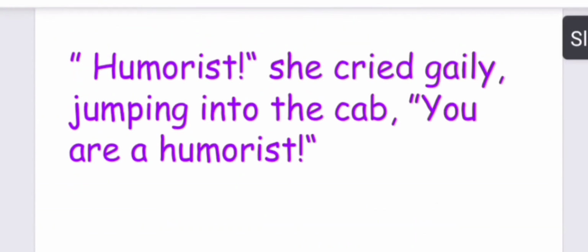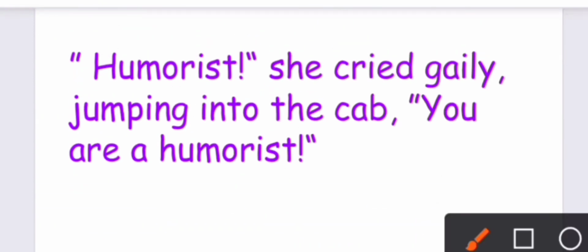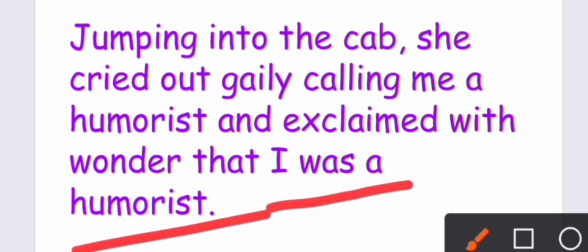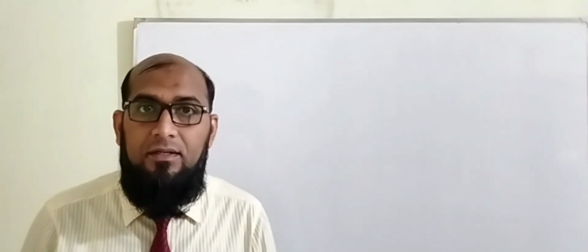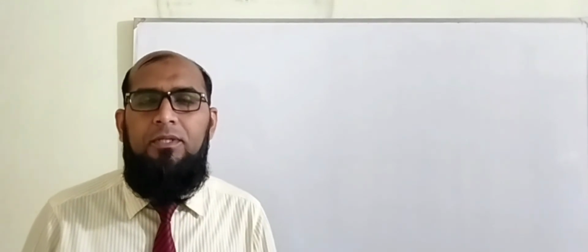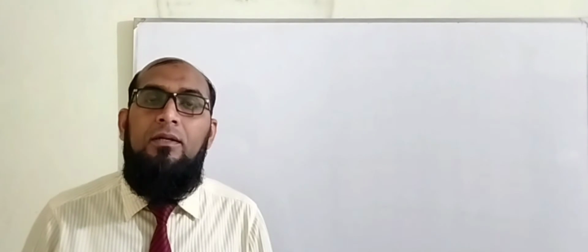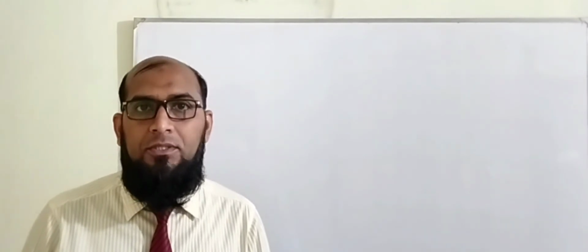Learners, you see here, you are a humorist was in the present tense. So to make it indirect, we need to change its tense, and we have written here, I was a humorist. Learners, I hopefully believe that you have understood how to change narrative style from direct speech to indirect speech.